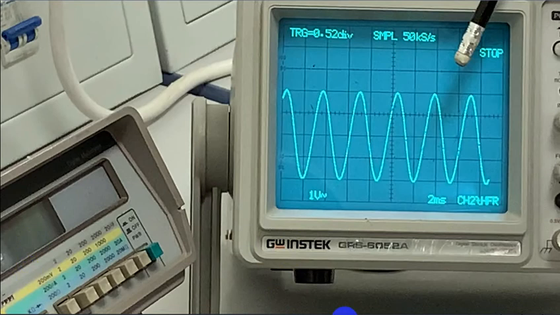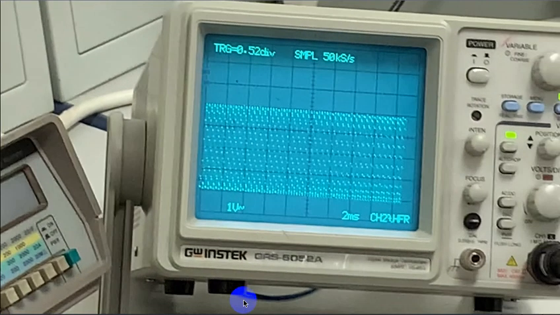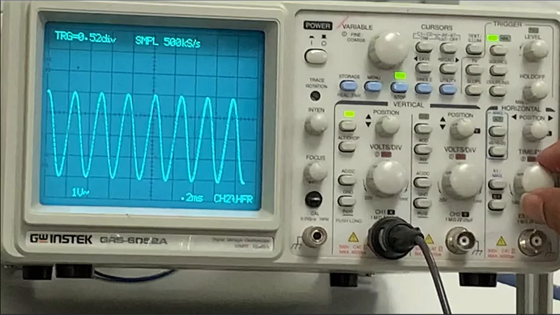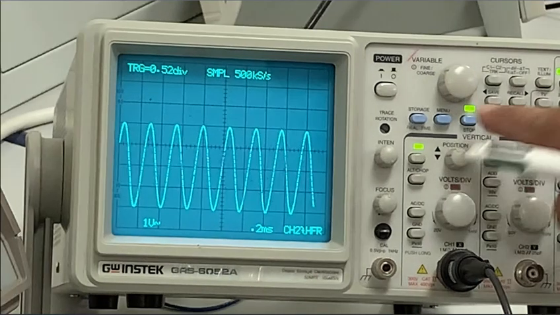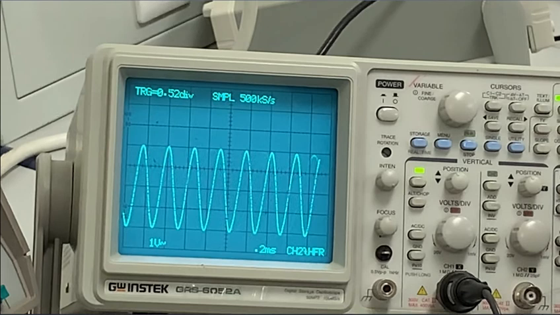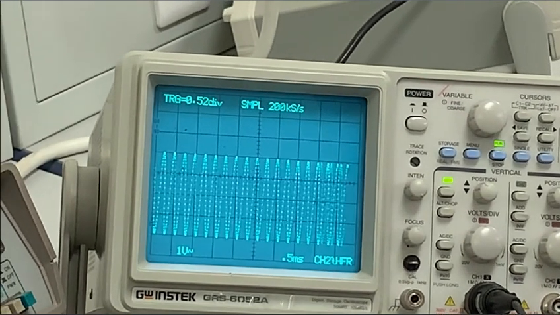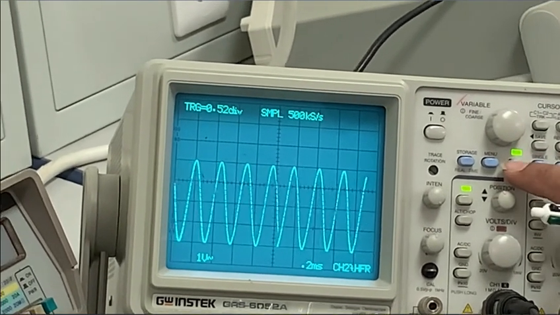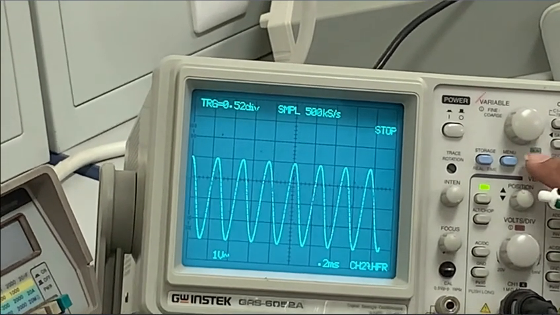Let us make it 4 kilohertz. It is now 0.2 millisecond, very small. The time period is small, which means the frequency will be more, right?